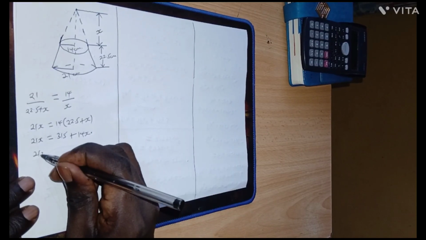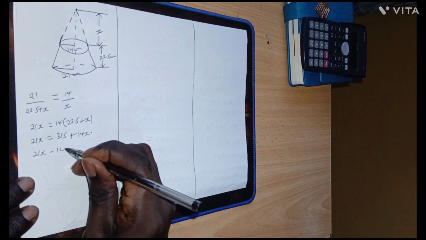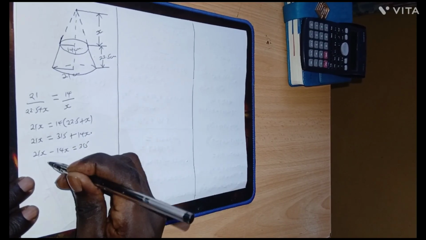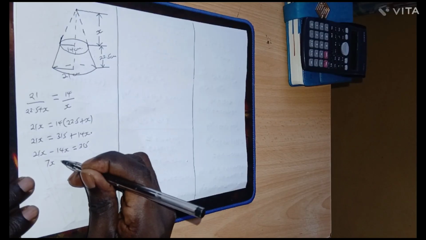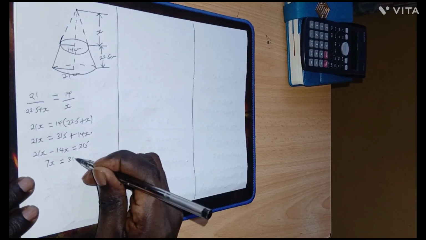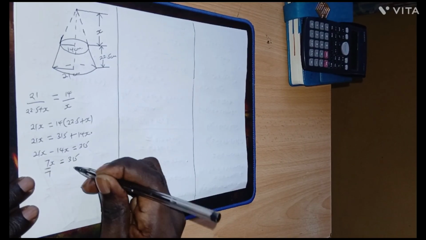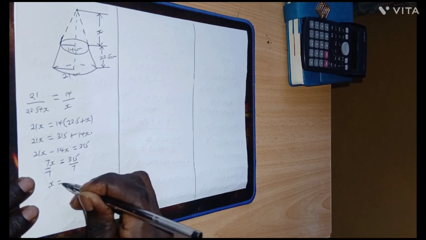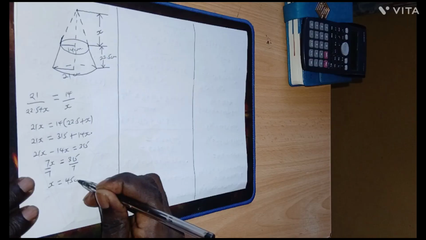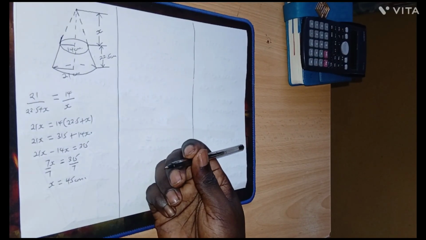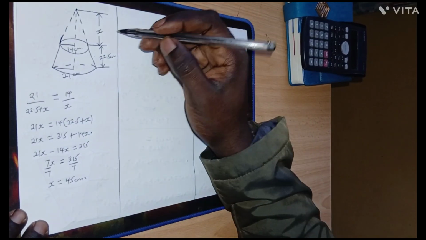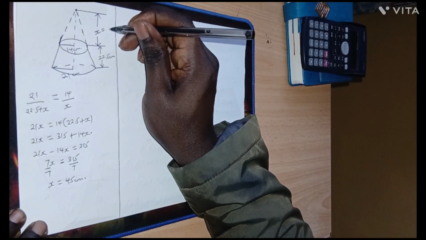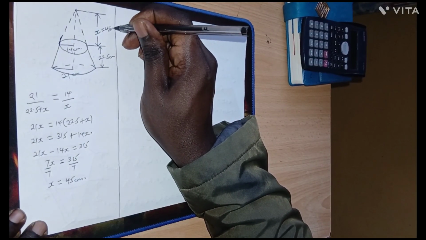It's going to be 21x minus 14x is equivalent to 315. That's going to give us 7x is equivalent to 315. Let's divide this by 7. So it's going to give us x being 45 centimeters. Good. So we've gone ahead and found the arbitrary value of x being 45 centimeters, right?